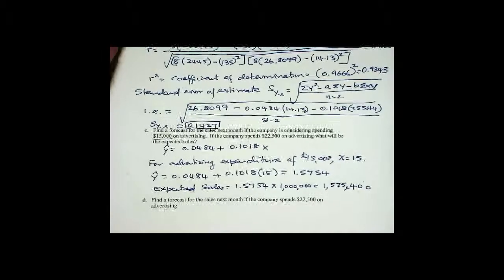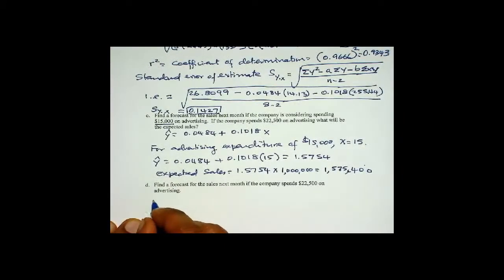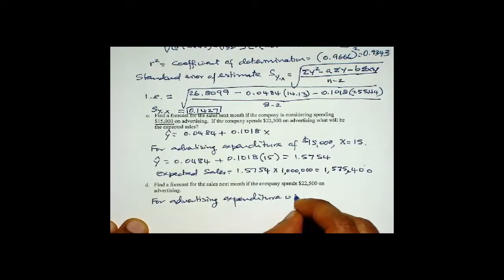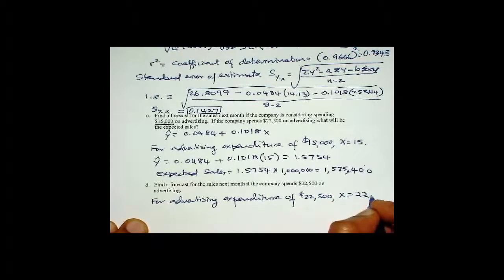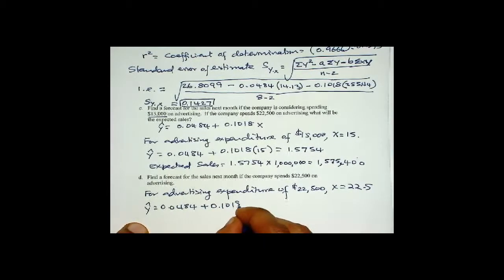Okay. Next, for 22,500 for advertising expenditure of 22,500, x is 22.5. Then y hat is 0.0484 plus 0.1018 times 22.5.